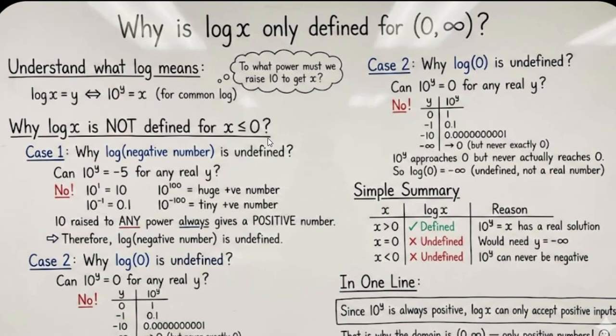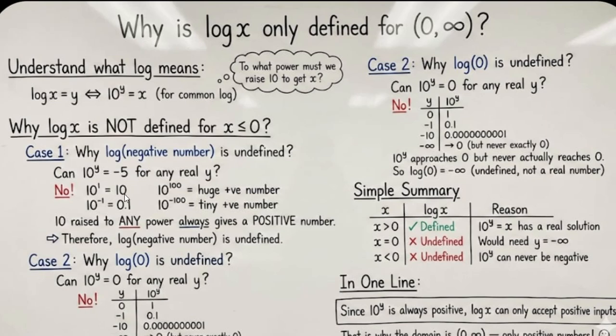Now, if x is less than 0, what happens? It means 10 raised to y is equal to, say, minus 5. Log of a negative number is not defined. If log x is equal to y for some negative number, it means that 10 raised to y is some negative number.